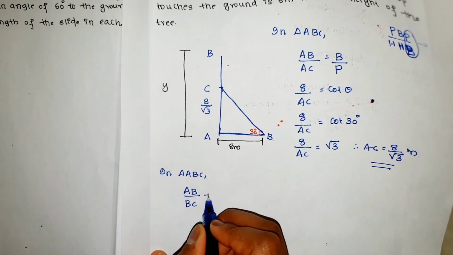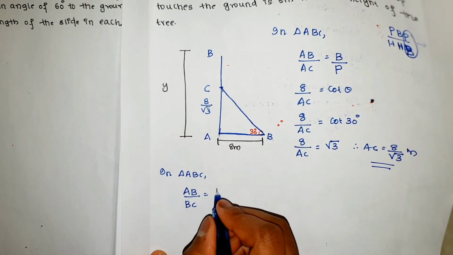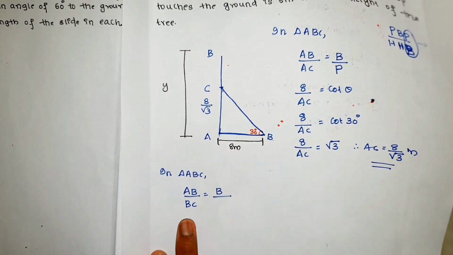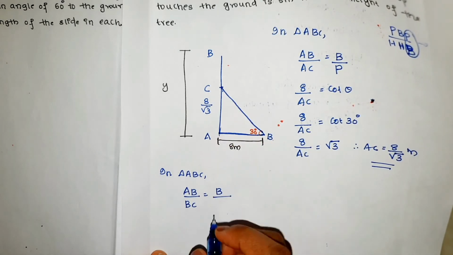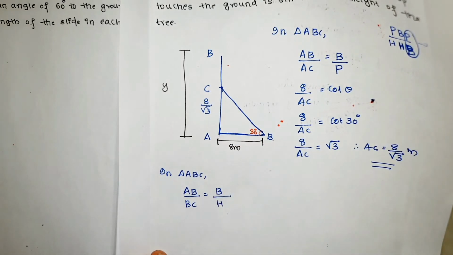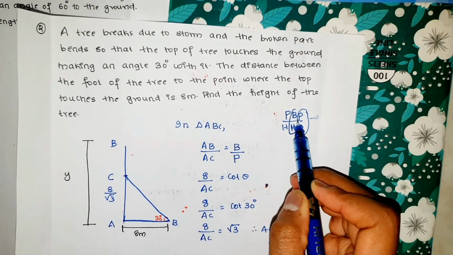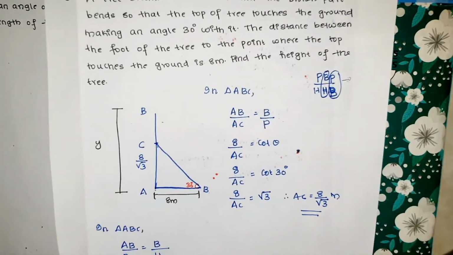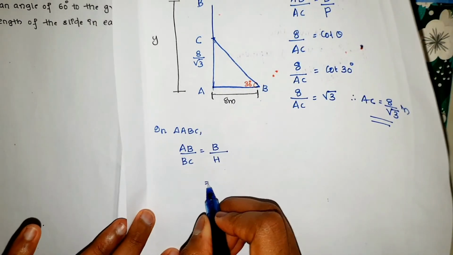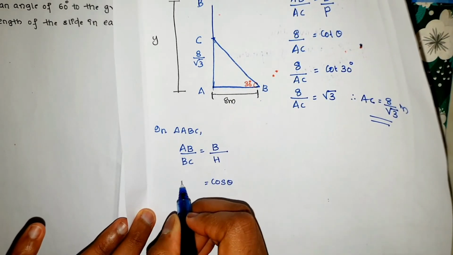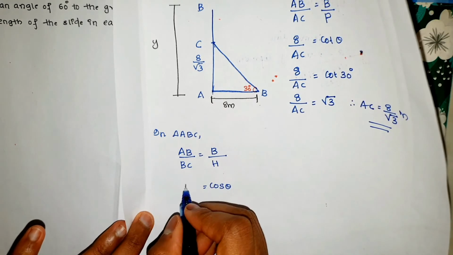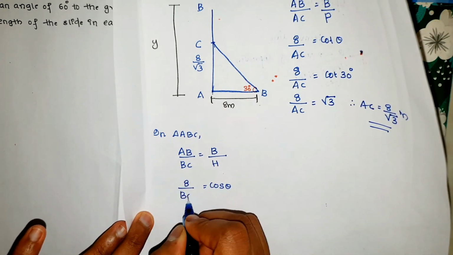What is AB? It is base. What is BC? BC is hypotenuse. Okay, so it is B by H. B by H is cos. Okay, students, so I am taking cos theta is equal to AB by BC. AB is 8, so 8 by BC.